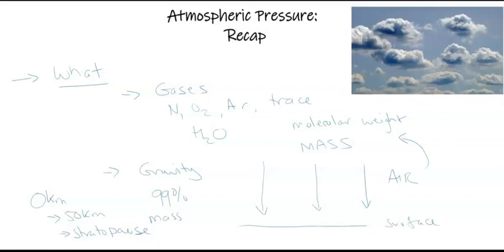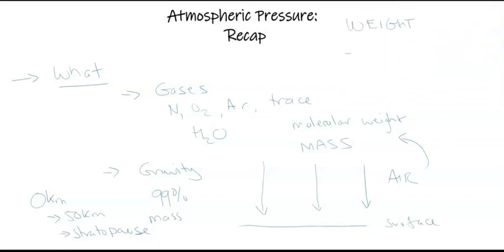So the weight, which is gravity plus the mass, is the force applied to an area, which is the air pushing down on the surface. This creates a certain amount of weight that in each area can be recorded. For this purpose, we're going to use millibars as our atmospheric pressure unit of choice.